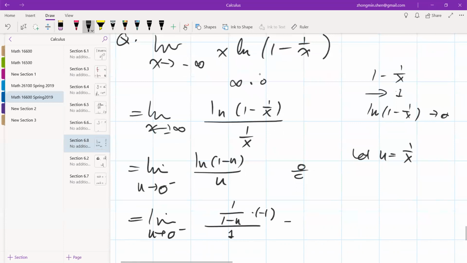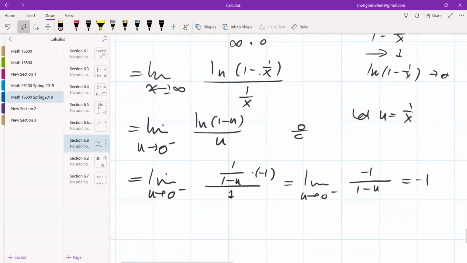Now this is no longer in a form where you apply L'Hopital's rule, because it's a constant over 1. Plug in 0 for u, and you get negative 1. So the answer is negative 1.